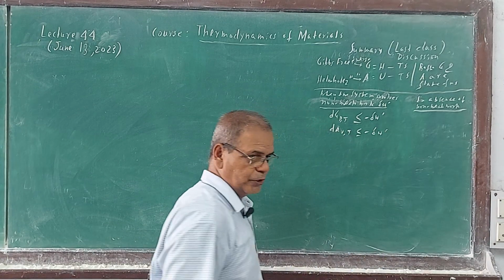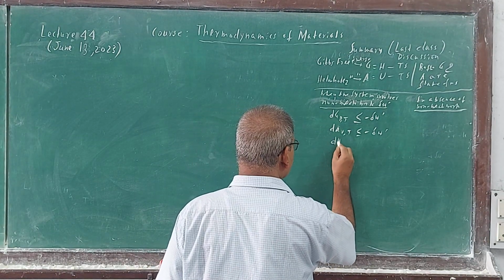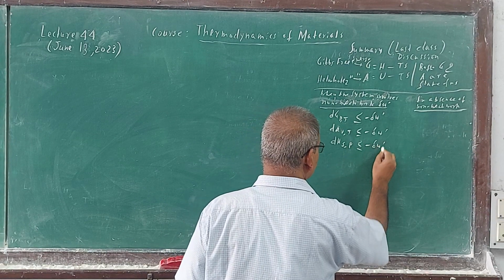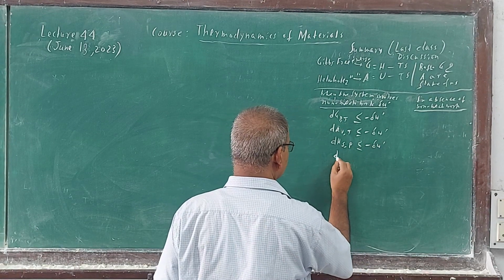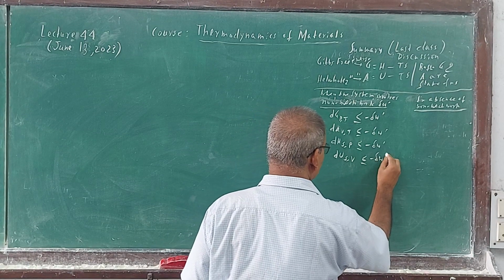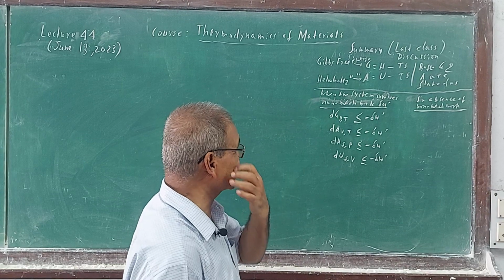These two I proved in the class yesterday. You have to prove the others yourself: dH at constant S, P, and dU at constant S, V, less than or equal to minus dW prime.